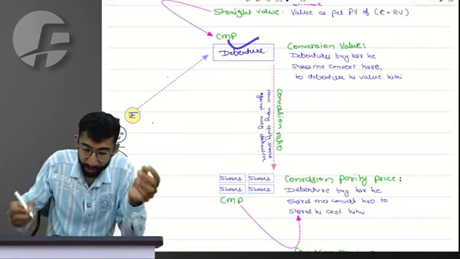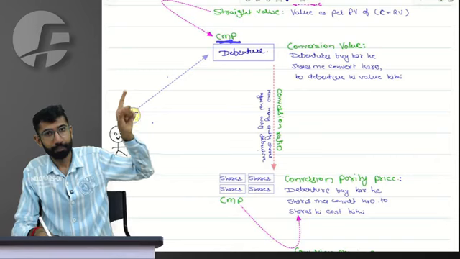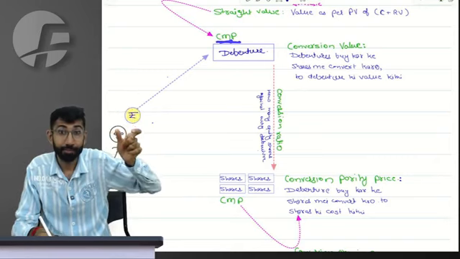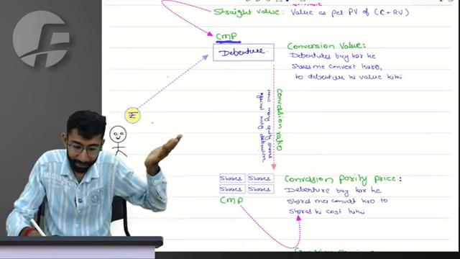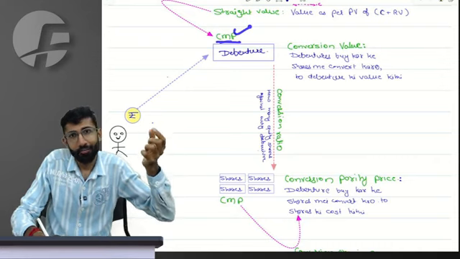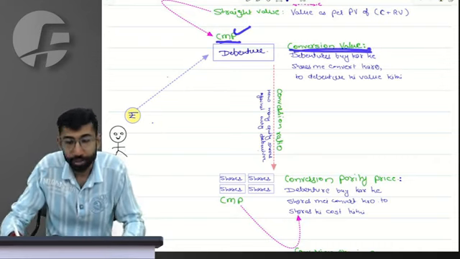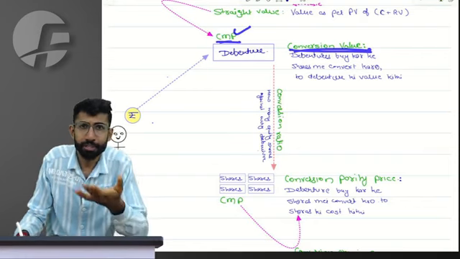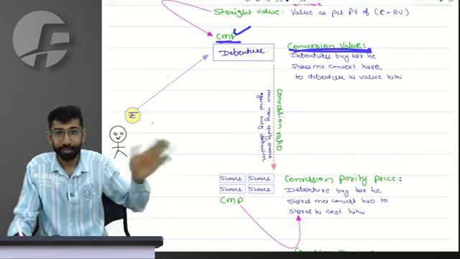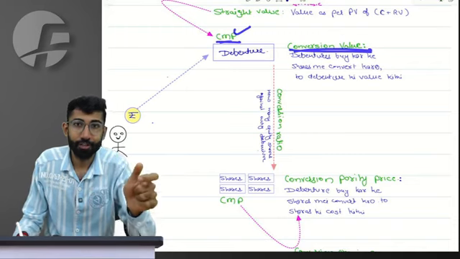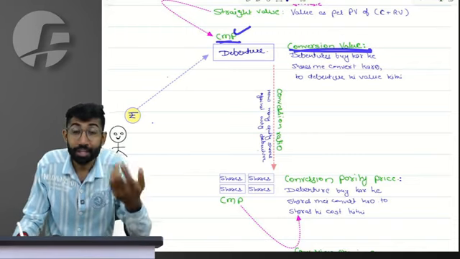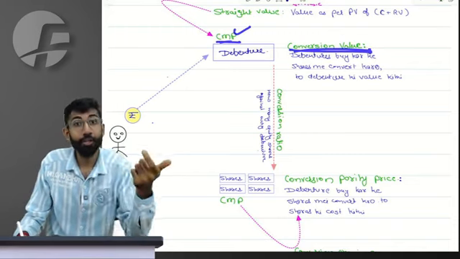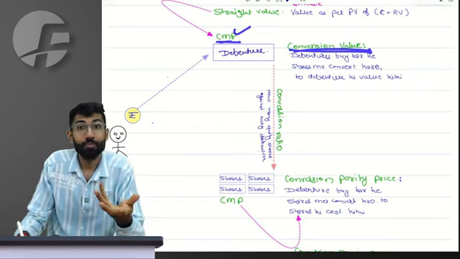That debenture right now has a CMP in the market, since it is being traded. But after I convert it to equity shares, how much value will each debenture have? But sir, the debenture won't even exist. Will the debenture exist after conversion? No. But in terms of equity shares equivalent to the debenture, how much will be the value?